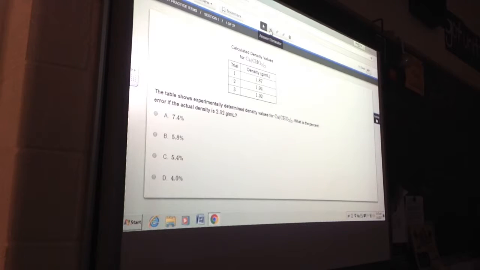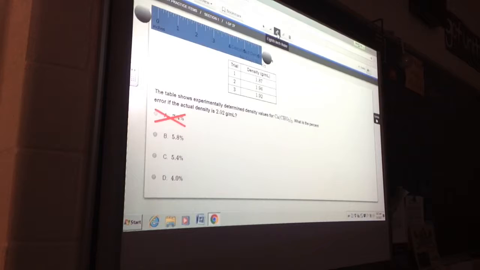You do have an answer eliminator. You don't like this one, so you cross it out. You've got a ruler. I have never seen a child need to use the ruler on the chemistry SOL. It comes standard on science SOLs, which is why it's on the chemistry SOL.